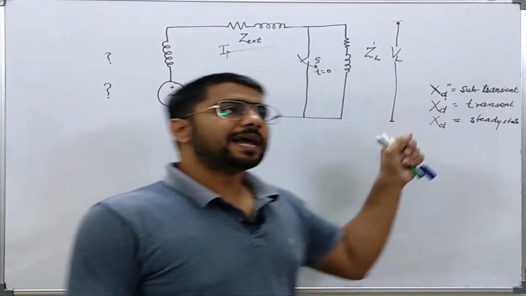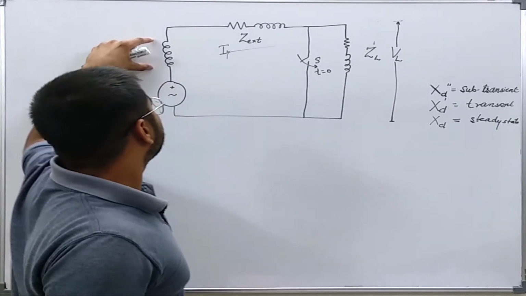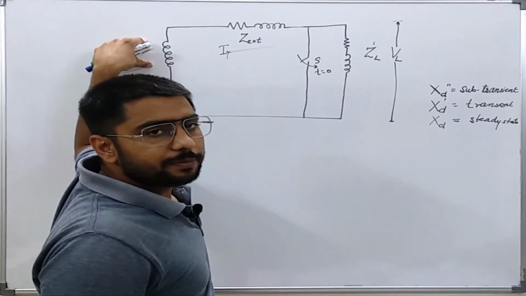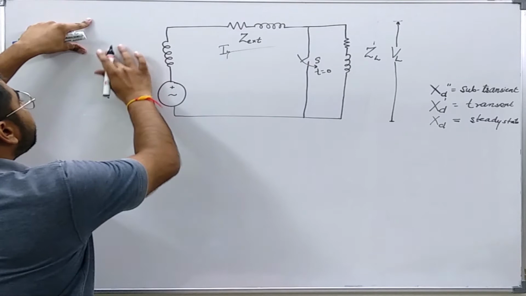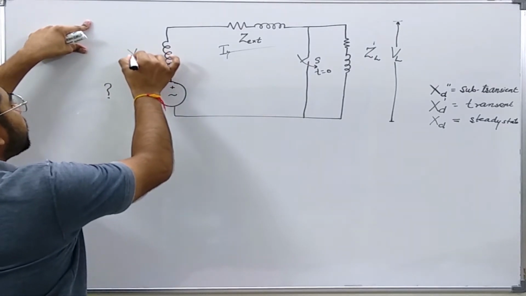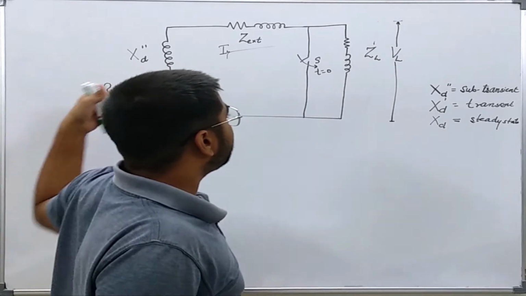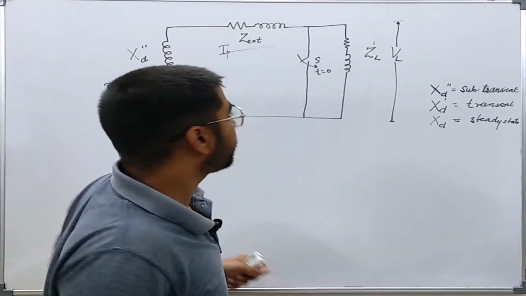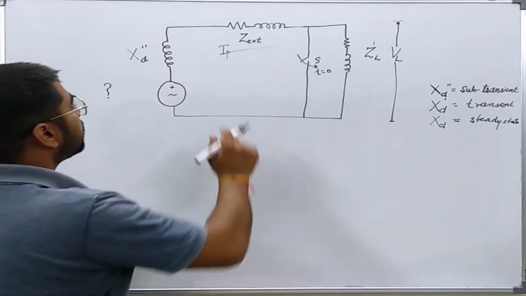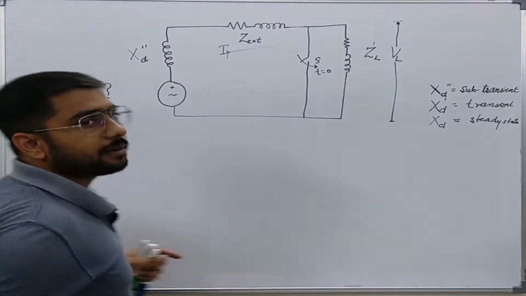So what will happen? This reactance, as we have seen earlier, will be different and it will be equal to XD double prime if we are just considering the situation when the fault has just occurred. So then this reactance is XD double prime.